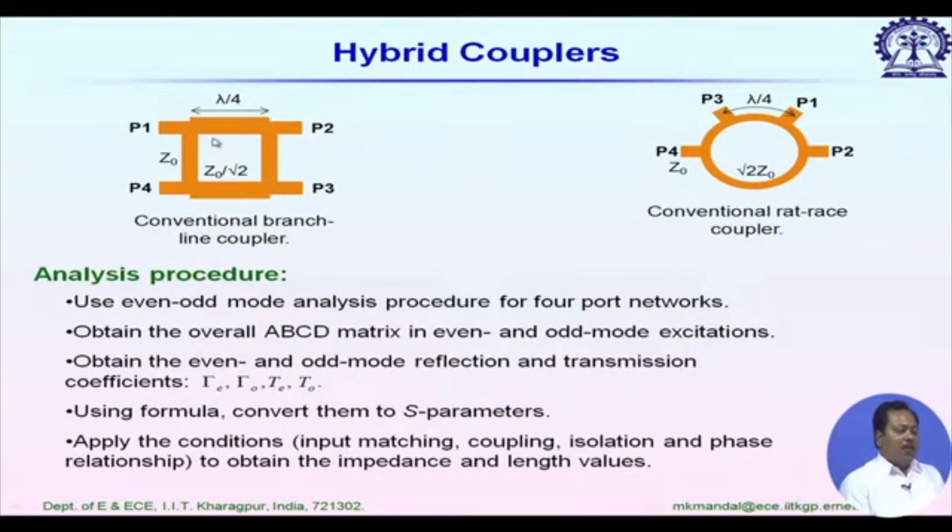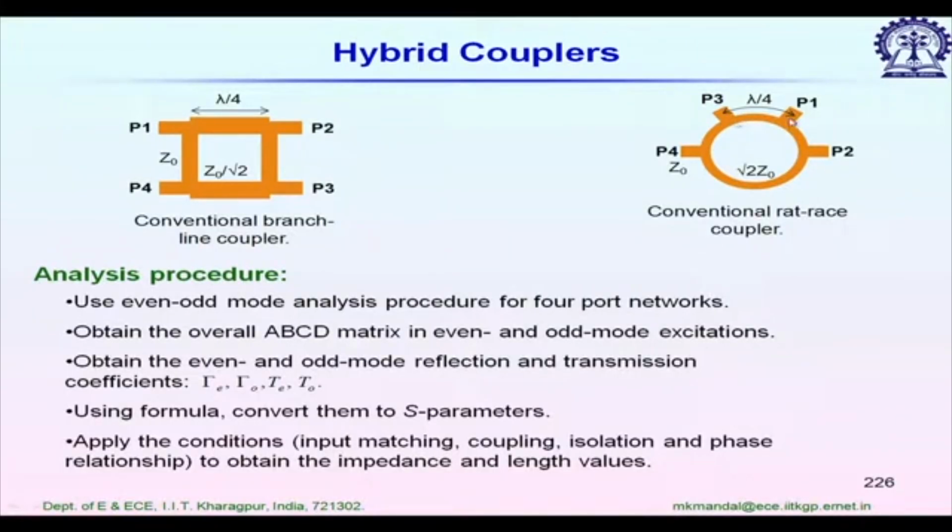Now, in this conventional design, I have discussed equal power split, but unequal power split is also possible. In that case we have to derive the corresponding equations, and then the impedance requirement will be different. For a conventional rat race coupler, if we do analysis for equal power split, then the arm length is lambda g by 4.